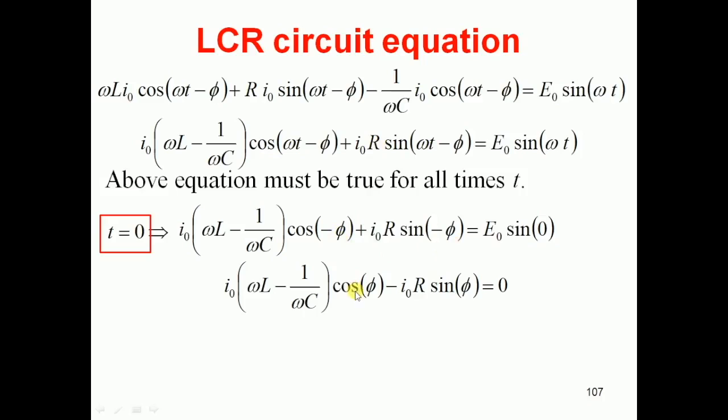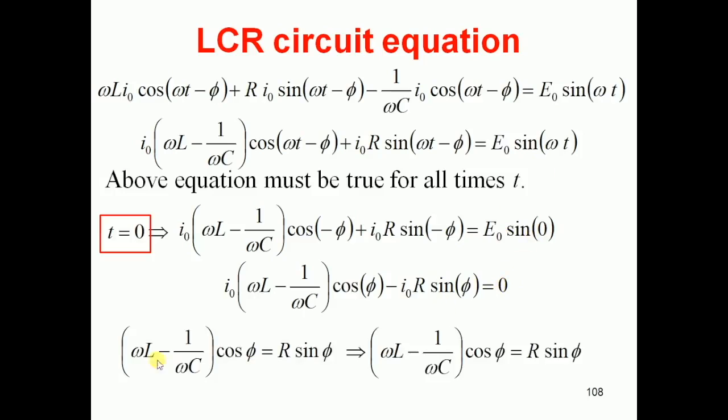Cos of minus phi is cos phi. Sine of minus phi is minus sine phi. And here on right hand side, sine of 0 is 0. So here we have a simple equation that omega L minus 1 upon omega C times cos of phi is equal to R sine phi.